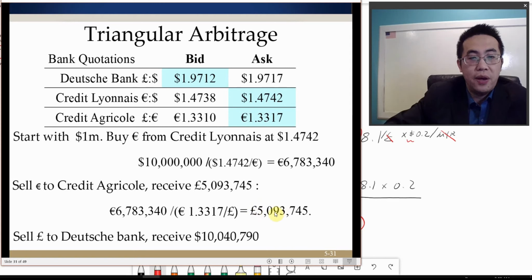Okay, from euro to pound, and then you're going to sell the pounds at the bid price offered by another bank. Then you will have a dollar figure left, and this dollar figure is greater than the $10 million you started with, so the extra $40,790 is your profit.